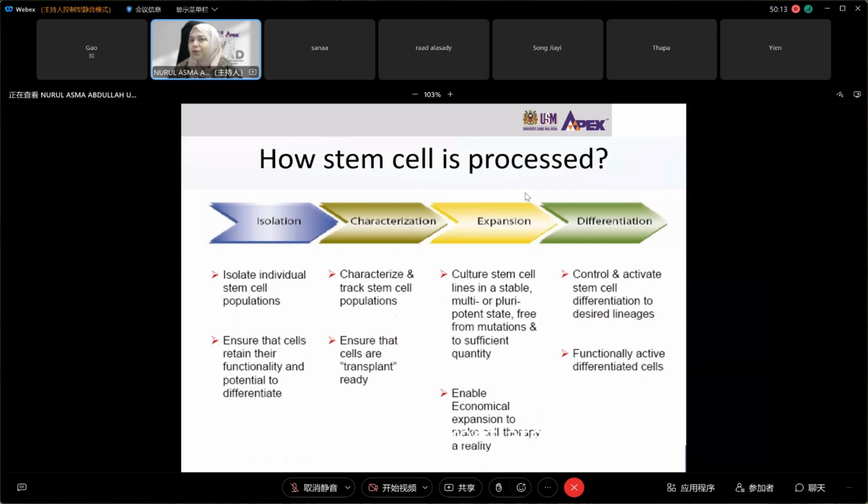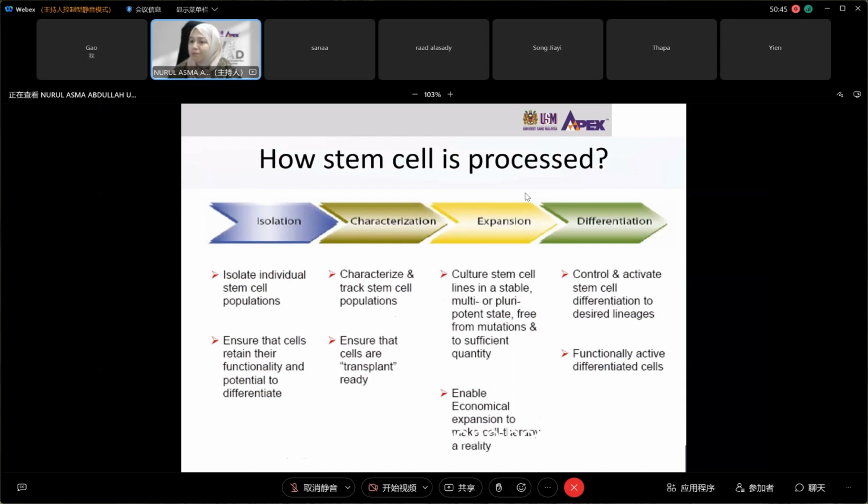If you want to differentiate into neural cells, the environment is totally different, because the microenvironment is also different. There are different transcription factors and different biochemicals needed to promote the differentiation of the cells.